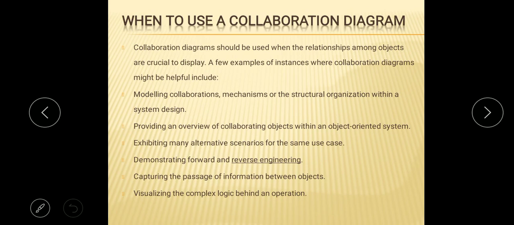Now, when to use collaboration diagram? A collaboration diagram should be used when the relationships among objects are crucial to display.